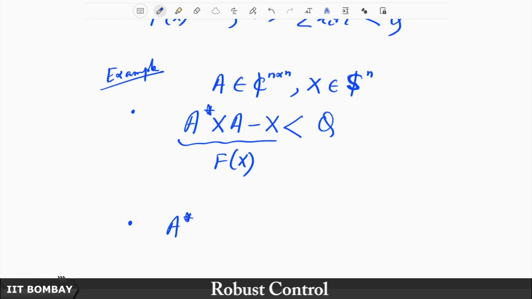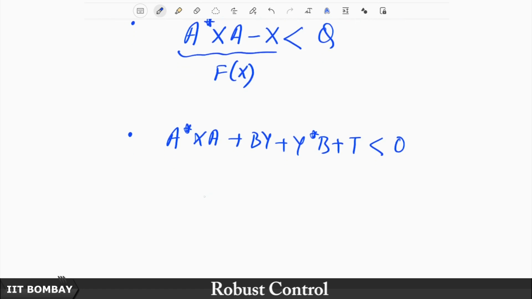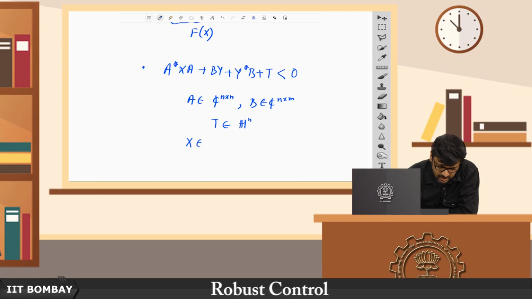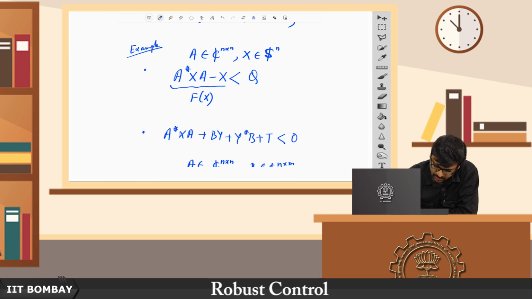So we can also extend this: A Hermitian X A plus B Y plus Y Hermitian B Hermitian plus T less than 0, where of course again as before we can choose A to be n cross n, B to be say n cross m, and T to be Hermitian n cross n, and say X comes from the space of symmetric matrices again, yeah, that's the symbol I have used.